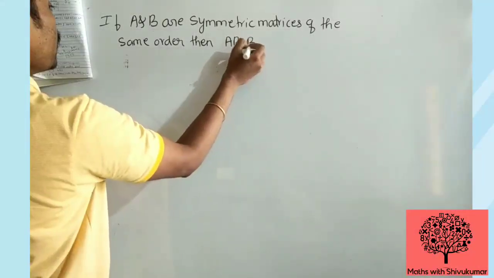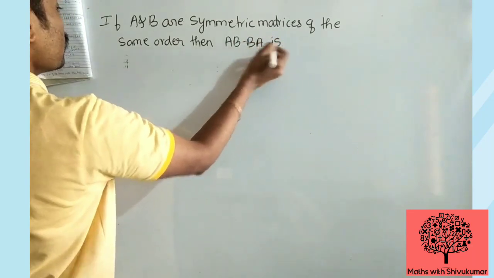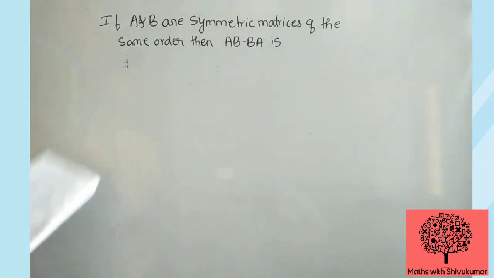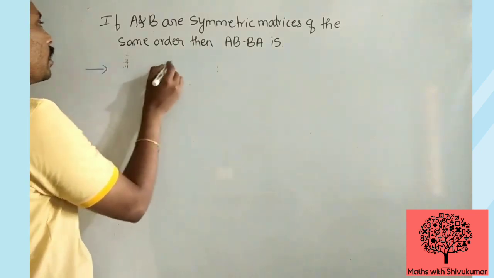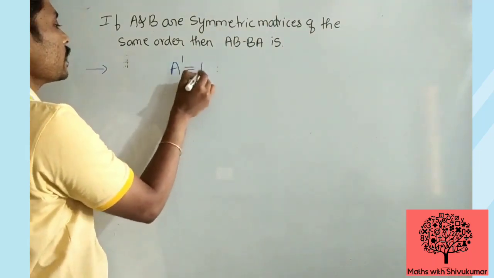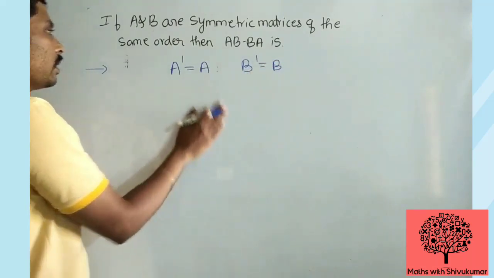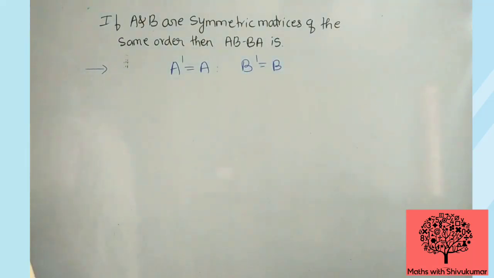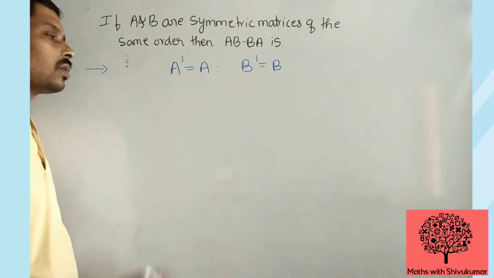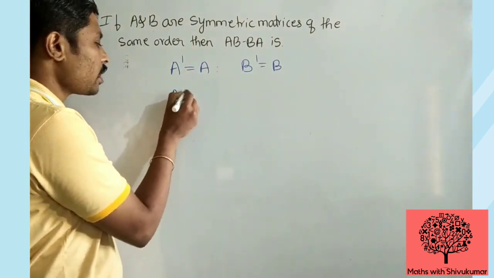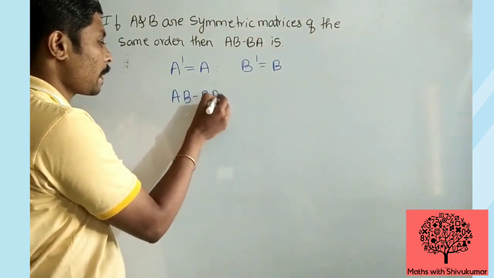If A and B are symmetric matrices of the same order, they are asking what is the value of AB minus BA. Students, A and B are symmetric matrices means what? Symmetric means A transpose is equal to A, B transpose is equal to B. Then we want the value of AB minus BA. So we will take the transpose of AB minus BA.